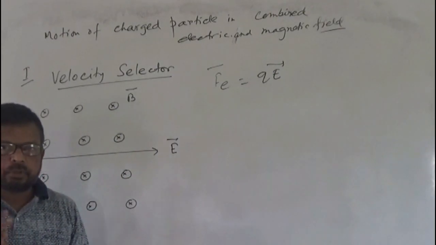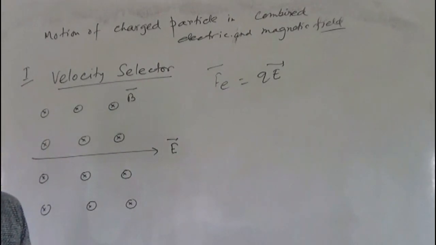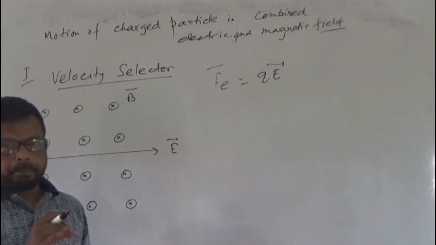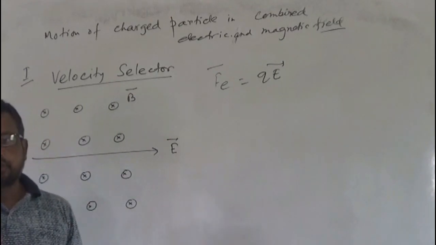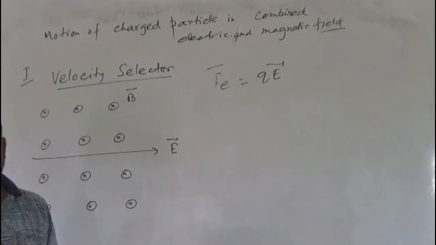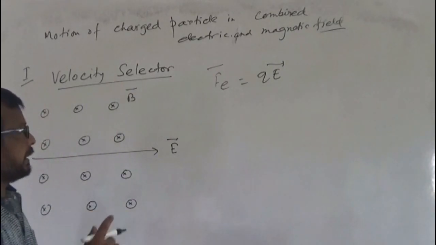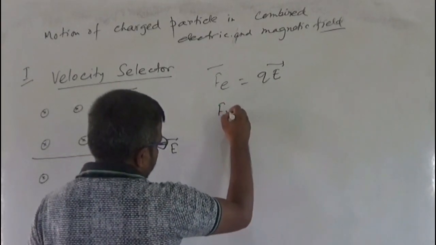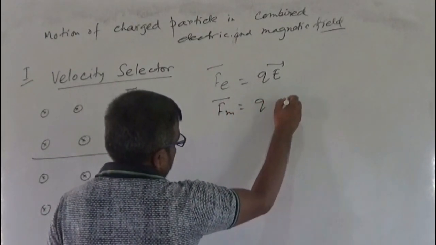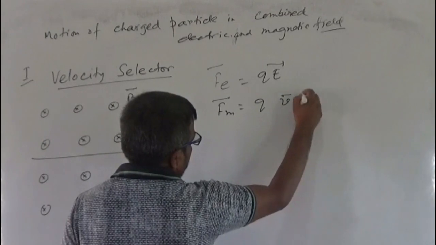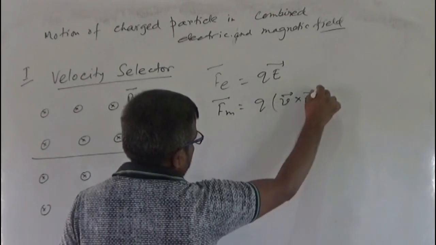And the force acting on the charged particle due to the magnetic field B is Fm equal to q into v cross B.